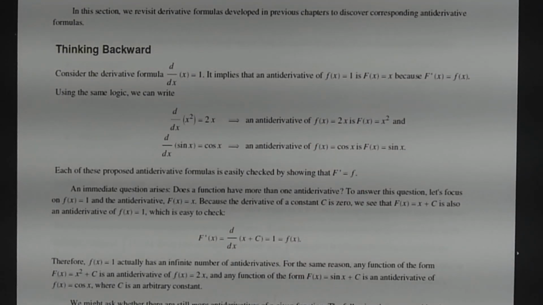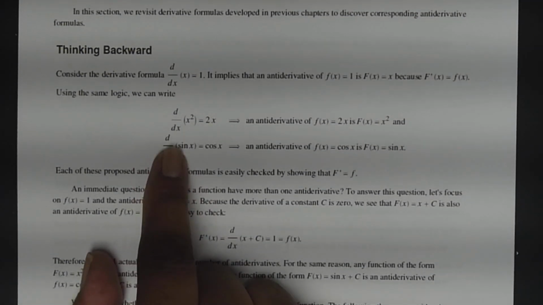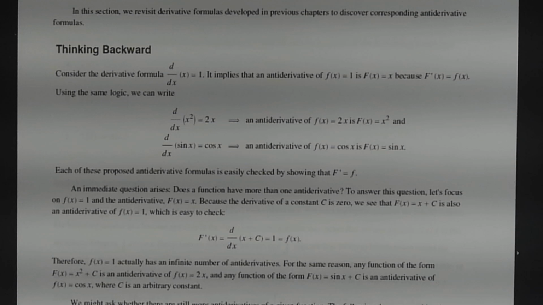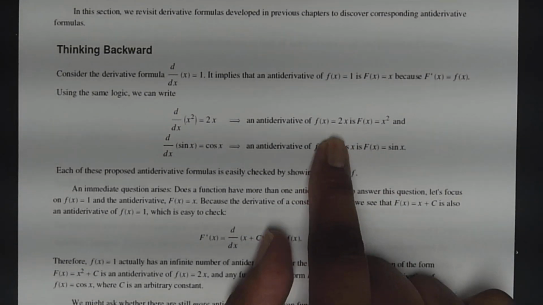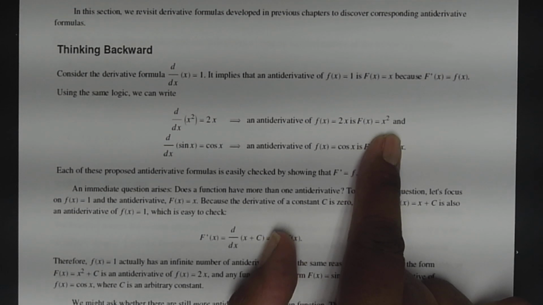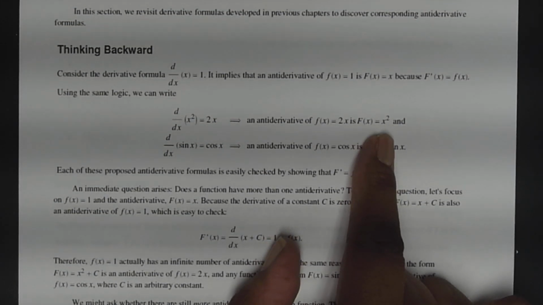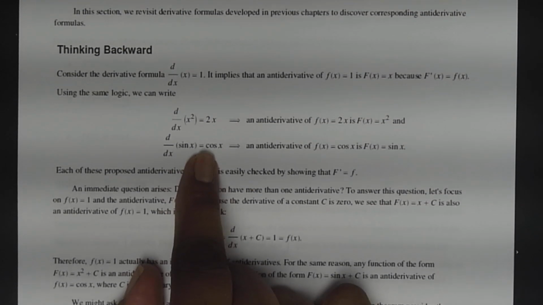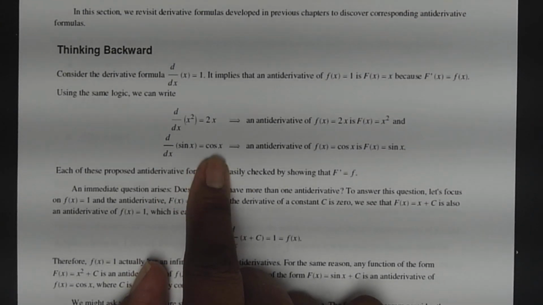Using that same logic, we can write this. The derivative with respect to x of x squared is equal to 2x. That would mean that the antiderivative of f of x equals 2x is capital F of x equals x squared. Also, the derivative of sine of x with respect to x is cosine of x.